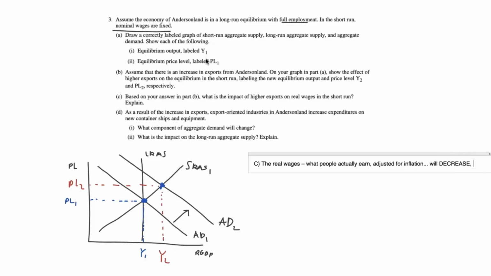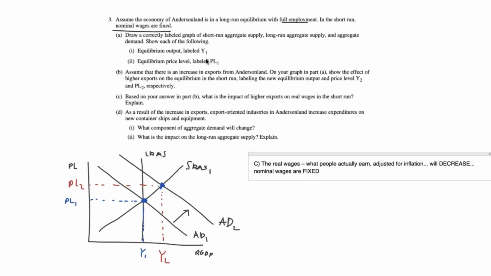Okay, why does the real wage, so the actual wage that people take home with them after inflation, decrease? Well, first off, we know from the beginning of this question, it says in the short run, nominal wages are fixed. These are sticky wages, which in the short run do not change, okay? Even with the increase in aggregate demand, it's a sticky wage, it's a nominal wage, so it does not change, right?